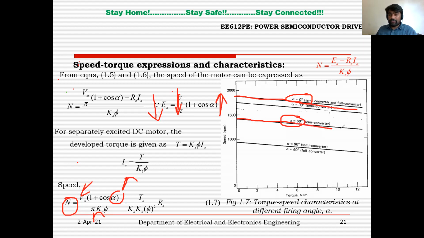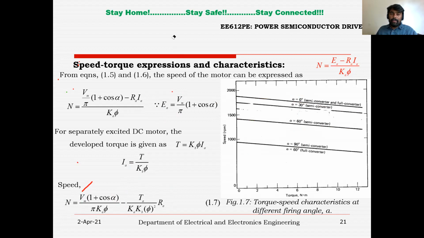So you'll get the torque speed characteristics like this. Similarly, at alpha equal to 90 degrees, cos 90 is 0. This Vm by pi cos alpha, right? So here it will be Vm by pi cos alpha into 1 by KFI, and this factor will come into the picture. So for different values of firing angle alpha, you can achieve any amount of speed.